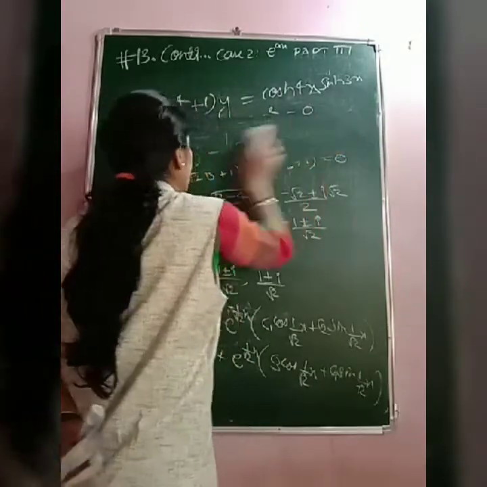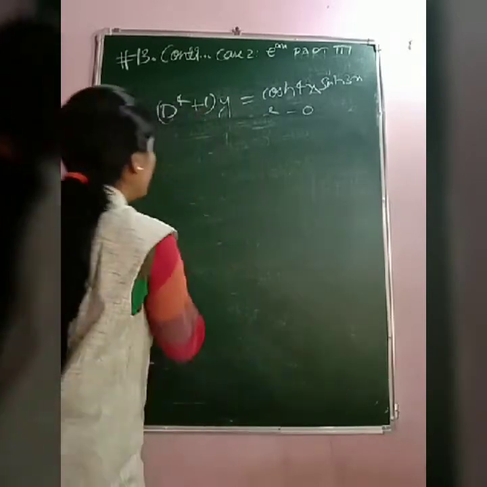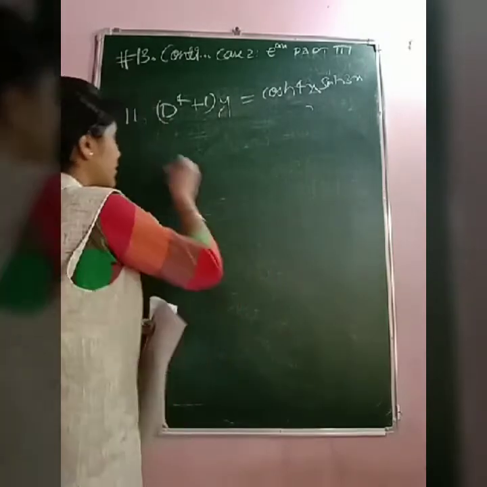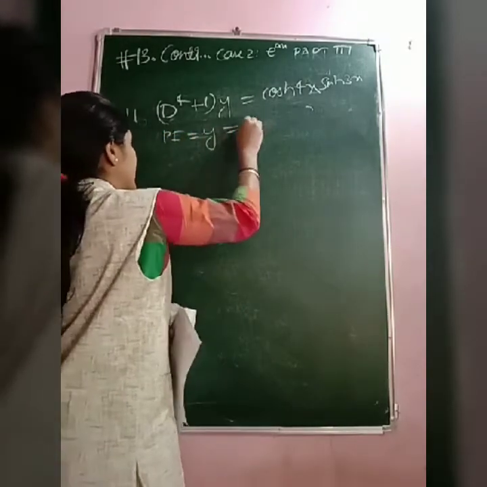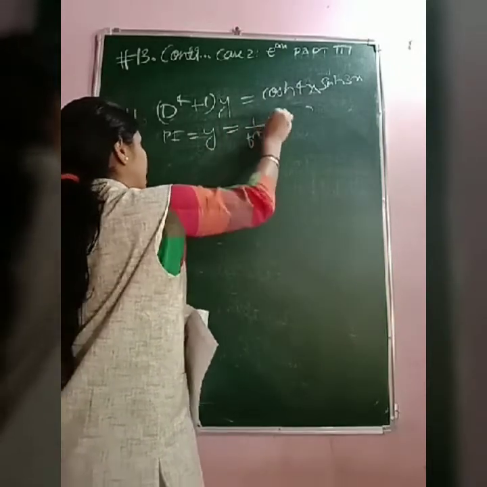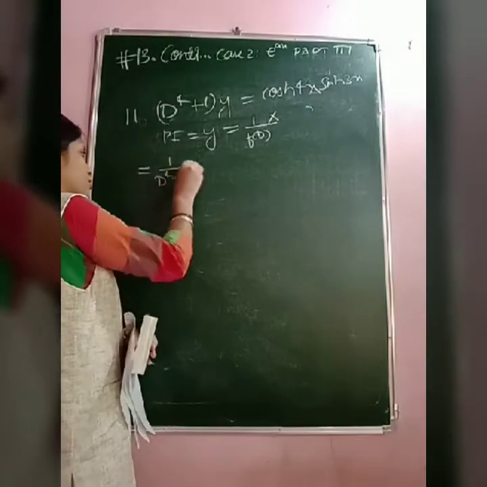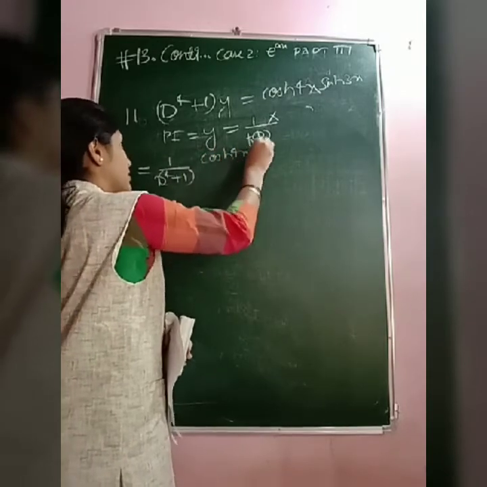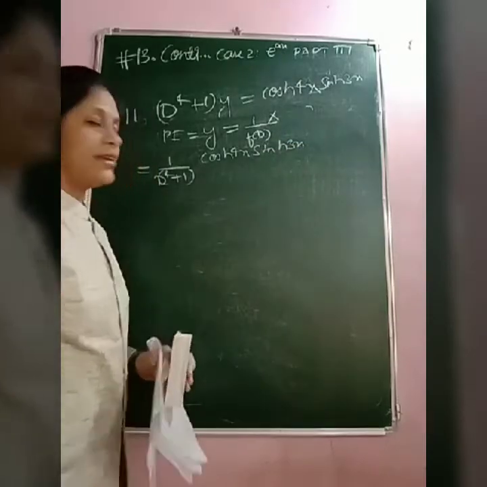So in the same way, we can also find our PI. PI is nothing but y = 1/f(D) of X. Here for this example, 1/(D⁴ + 1) of cosh 4x sinh 3x.